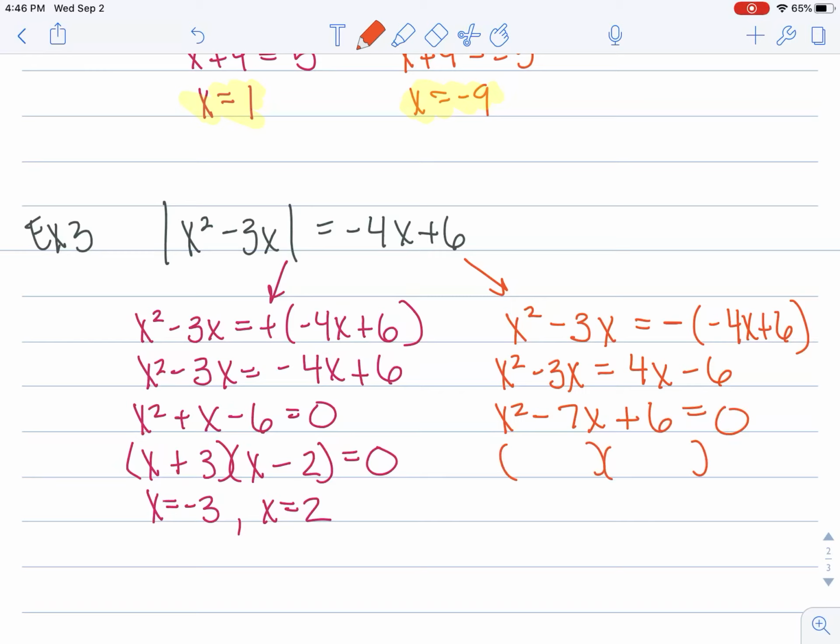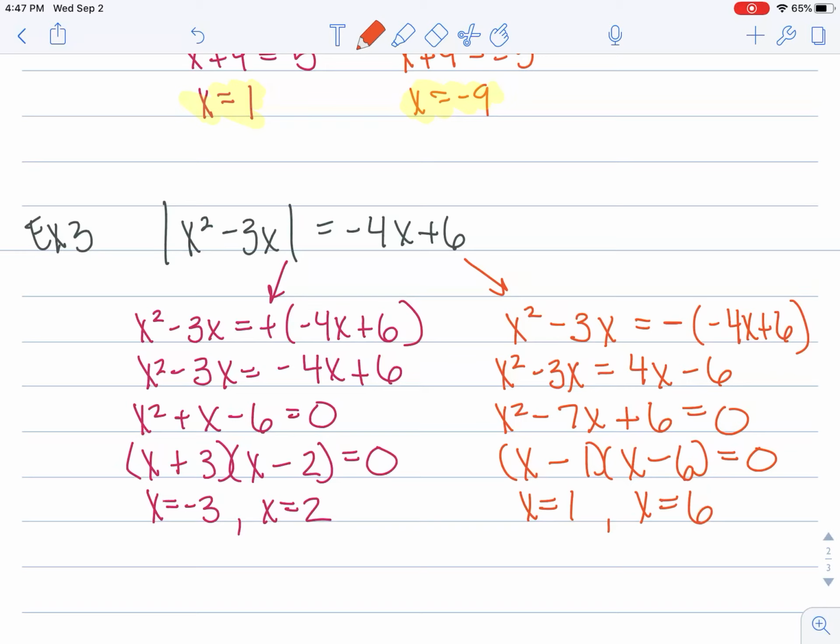Factor him out. I have an x and an x. So I want a negative 7 in the middle. So I'm going to probably use a 1 and a 6. Both negative. Zero product property. X is equal to 1. And x is equal to 6.